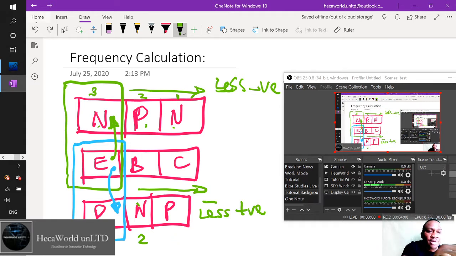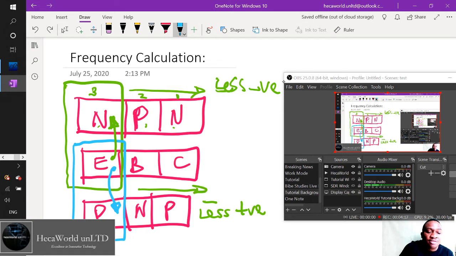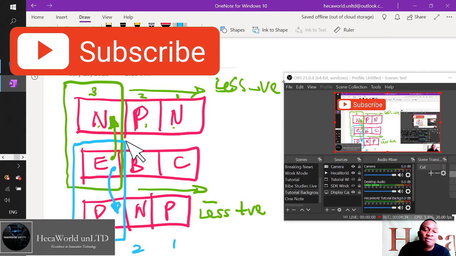I'm using the wrong pen again, so let's change the pen. Blue, sorry, we need blue for the PNP. If this is 3, this will be 2, this will be 1, in terms of positive, sorry. For the NPN, it's the other way around. The emitter is the most negative, followed by the base, and then the collector.